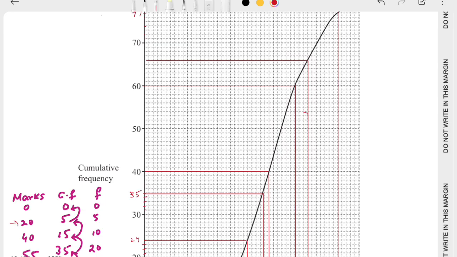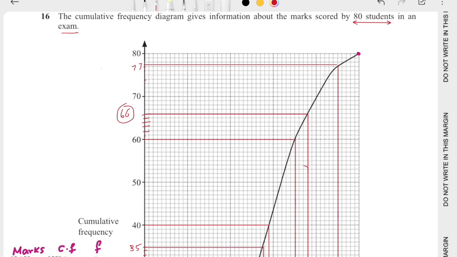Now the marks would be 61, 62, 63, 64, 65, 66. So 66 students scored up to 76, so we have to find out the remaining part of the curve by subtracting 80 and 66.